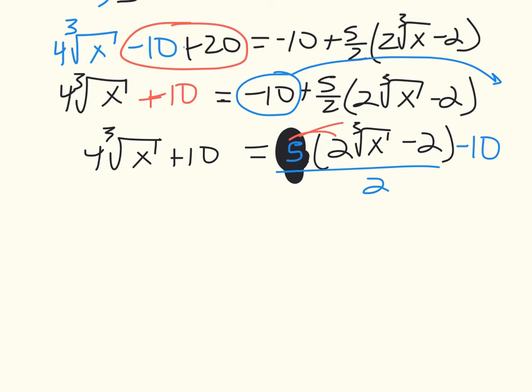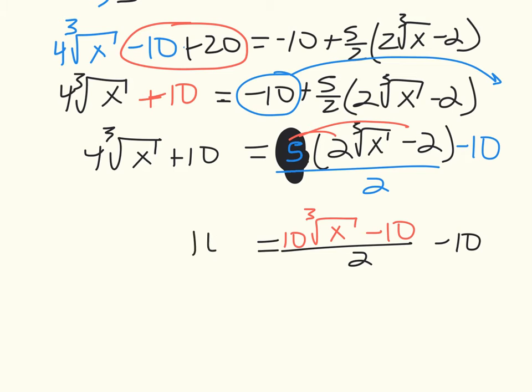And we're going to go ahead and distribute that 5. 5 times 2 is 10, so 10 third roots of x. 5 times -2 is -10. It's still all over 2. And of course, there's my -10 here at the very end. That just comes down. In fact, everything comes down. So I'm just going to rewrite everything that was already written in that problem.